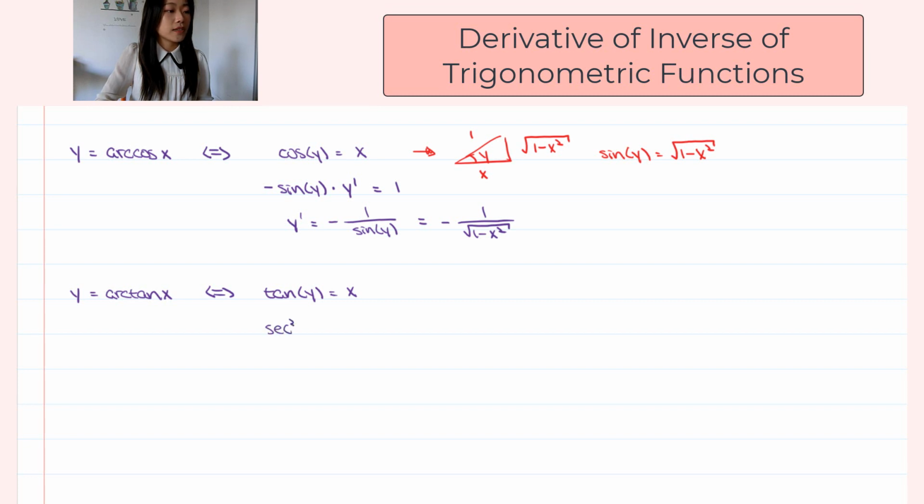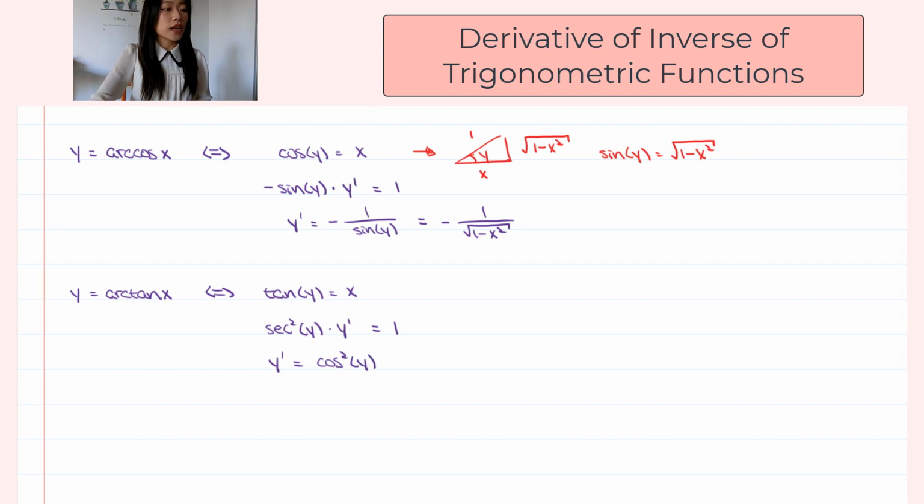So I have secant squared of y times y prime, since y is a function of x. And that equals the derivative of x, which is 1. So y prime equals 1 over secant squared of y. 1 over the secant function also equals the cosine function. So y prime equals cosine of y squared.